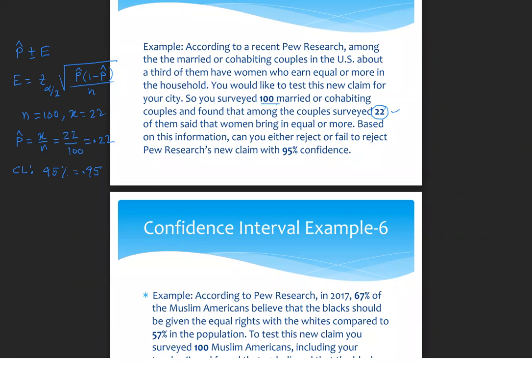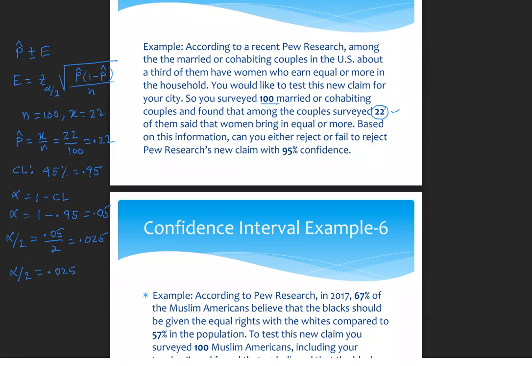And then the significance level alpha is going to be 1 minus the confidence level. That is alpha is equal to 1 minus 0.95, that is 0.05. So alpha over 2 is going to be 0.05 divided by 2, which is 0.025.